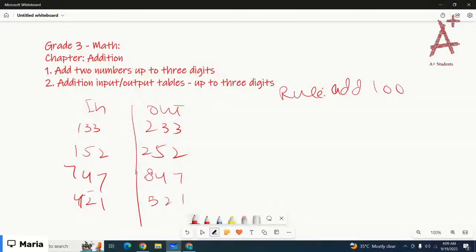So this is the way to work on the input output tables. You just have to follow the rule, right? You have to add 100 to each input value to get the output value, right? Let's just do one more example. You're given the input table.